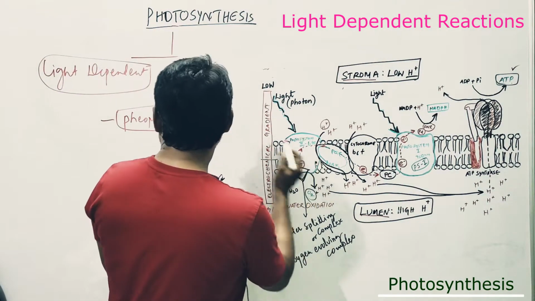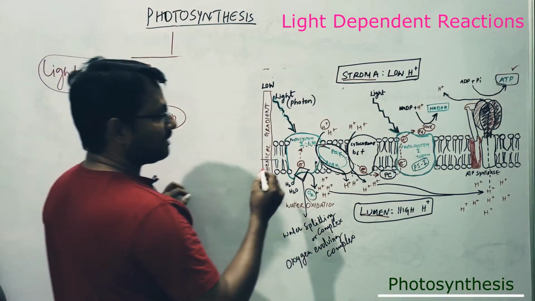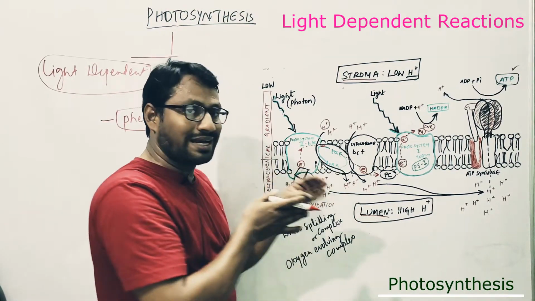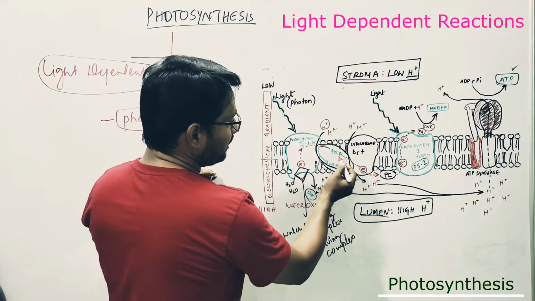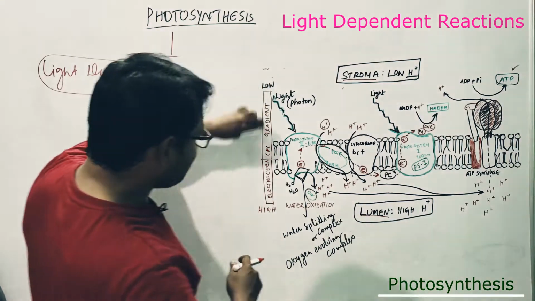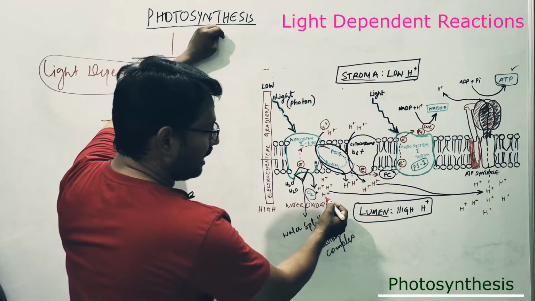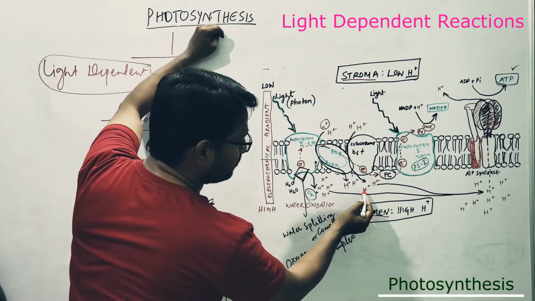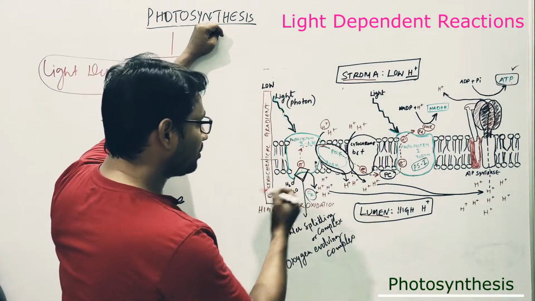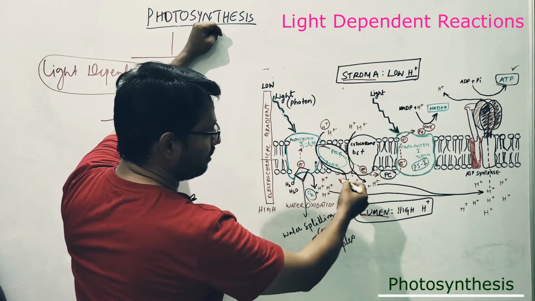After pheophytin accepts the electron, it is transferred to a quinone molecule, the membrane transporter. Here PQ will be reduced to PQH2, because on the left side you might have seen the electrochemical gradient for hydrogen ion concentration: hydrogen ions on the lumen side are higher compared to the stroma side.